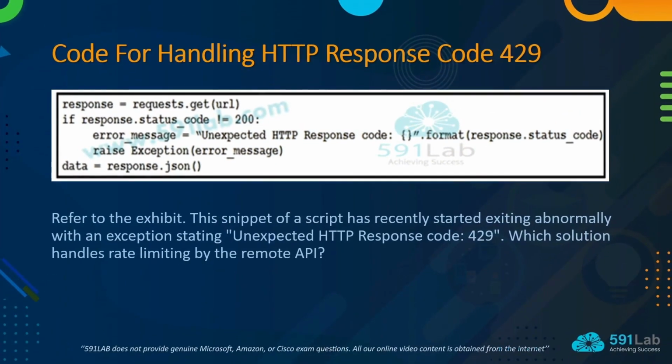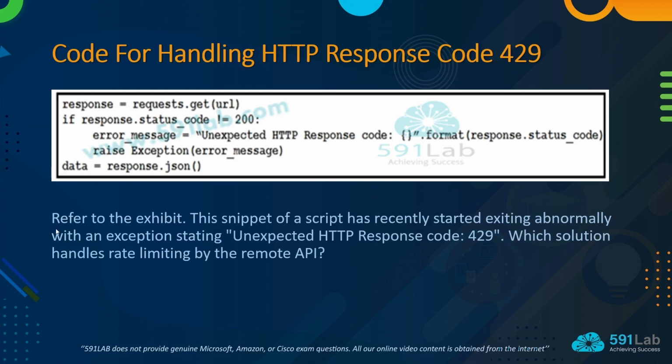The next topic is coding. Code for handling HTTP response. We get a response code 429. Okay, this is basic code, and we will see they use HTTP GET and do some basic actions, like if the response code is not 200, then raise an exception: this is an unexpected HTTP response code, and then get all the data.